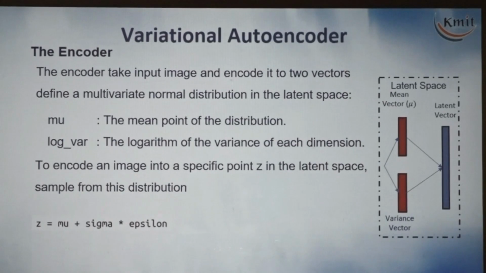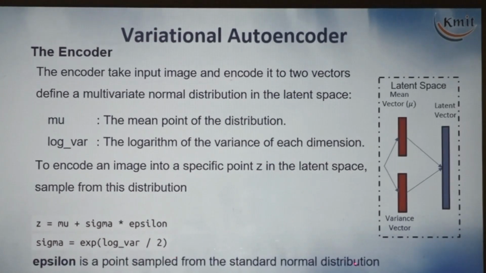Sigma is representing this, and there is a formula for that sigma again. And epsilon, what is epsilon? It is the random normal distribution. In the normal distribution we take some values and combine them, right?